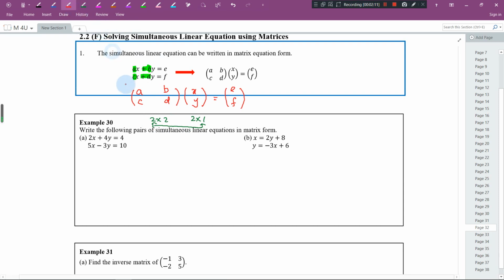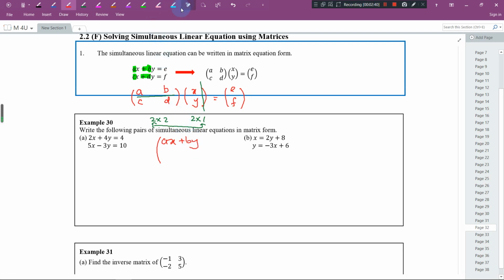Now let's do the multiplication between these two matrices. Draw a horizontal line for the first matrix, and for the second matrix we draw a vertical line. First row, first column. Now I'm going to calculate the element for first row, first column, which is here: a times x, ax, b times y, by.